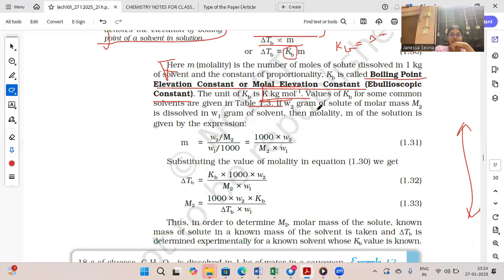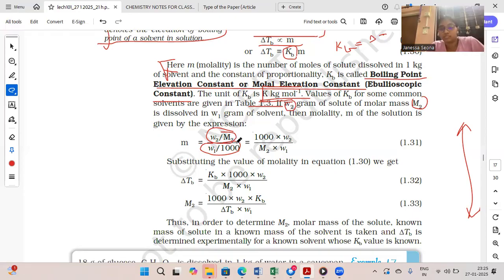If W2 grams of solute of molar mass M2 is dissolved in W1 grams of solvent, then the molality of the solution is given by moles of solute per 1000 grams of solvent. This is the molality.